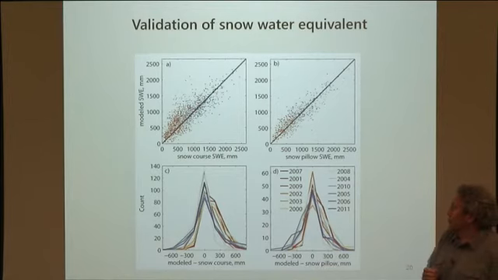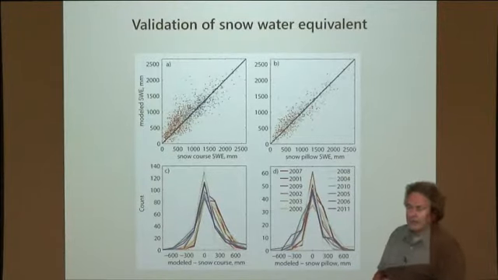So initially, up to about the 1970s, most of the reliance was based on people who skied around with these tubes in their pack, and once a month they would go to a set of sites, plunge these tubes into the snow, pull it out, weigh the tube, tare the weight, and you got the amount of snow.